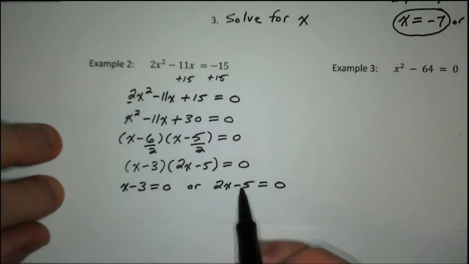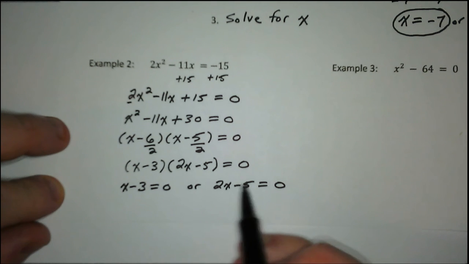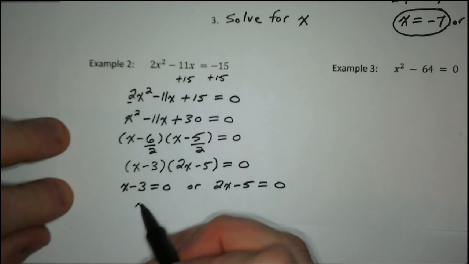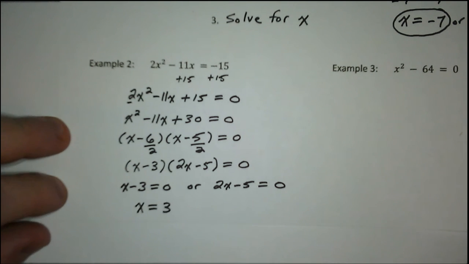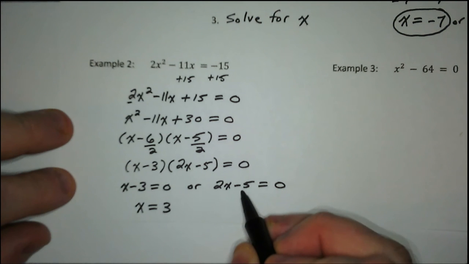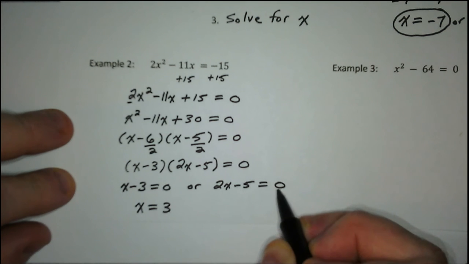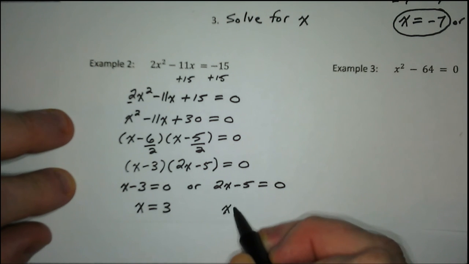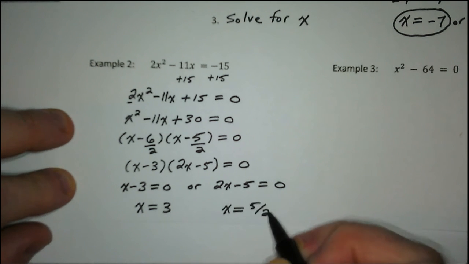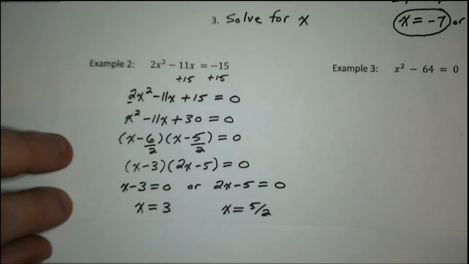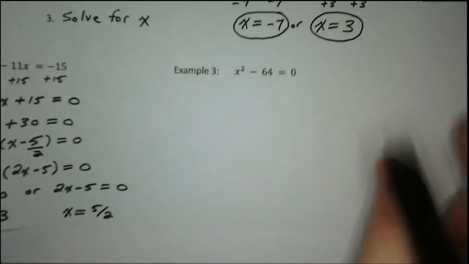And now we have 2 very solvable equations. This final answer, lickety-split, ends up being x equals positive 3. And once we add 5 to the other side and then divide both sides by 2, what we get is 5/2. So those are my 2 answers there.